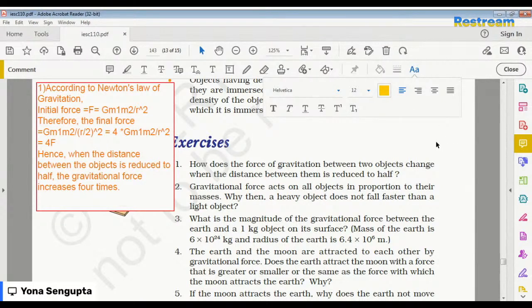So why then does a heavy object not fall faster than a light object? Let's find out about it. As you can see, all the objects fall on the ground.